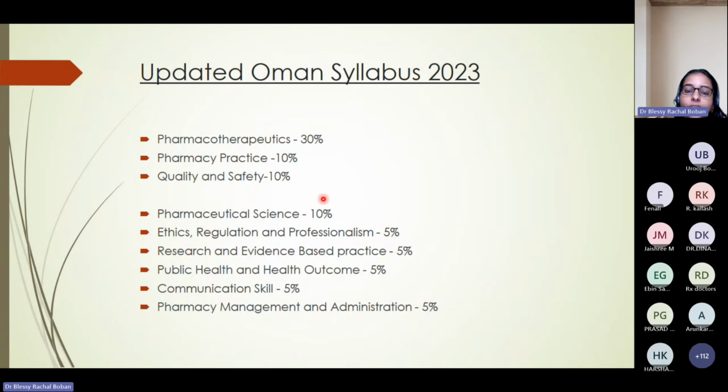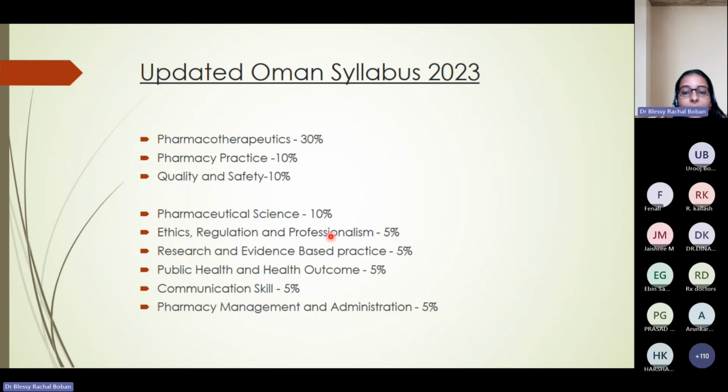Only a slight change in score distributions, etc. Pharmacotherapeutics consists of 30 percent, then 10 percent consists of pharmacy practice, quality, safety, pharmaceutical sciences, ethics, regulation, and professionalism. Again, never go with Indian laws. Research and evidence. I have seen many of my candidates being thorough with Indian laws, Indian schedules. We should not follow Indian schedules for the GCC examination. You will not have such questions related to Indian laws.